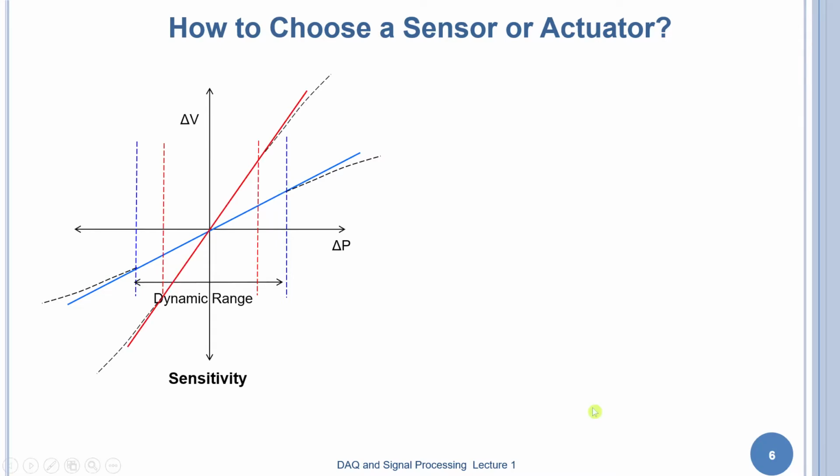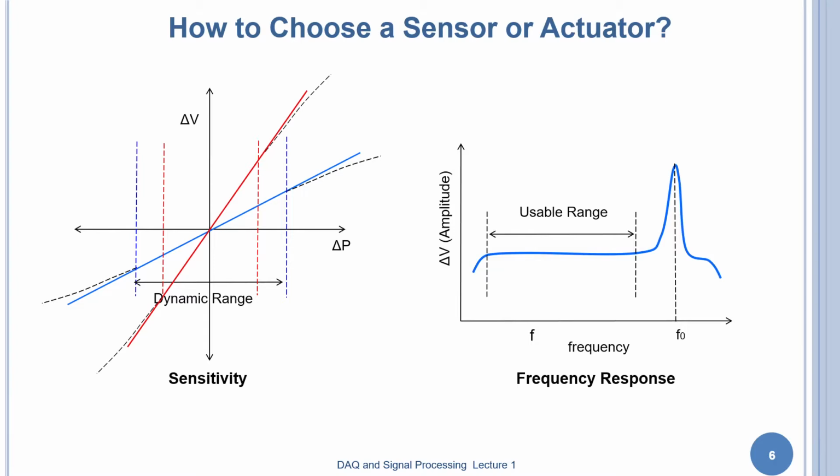The next thing about a sensor that you should be aware of is the frequency response. For a given input, you are going to get an output for different frequencies. For a range of frequency, you are going to get a flat response. Beyond some value, you will get a different response.